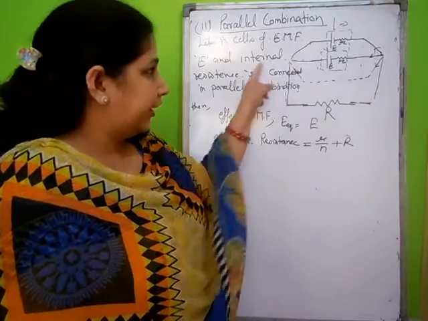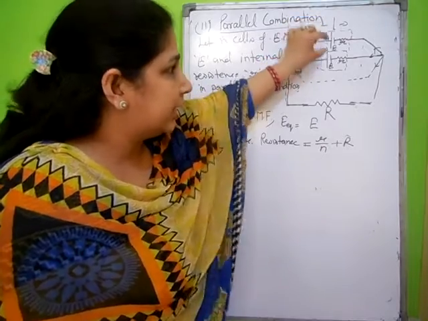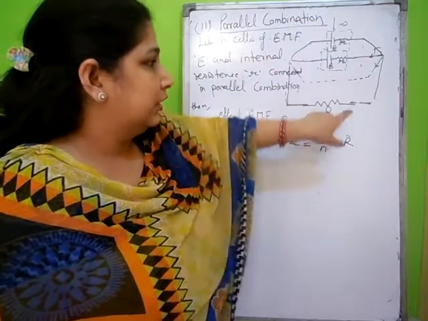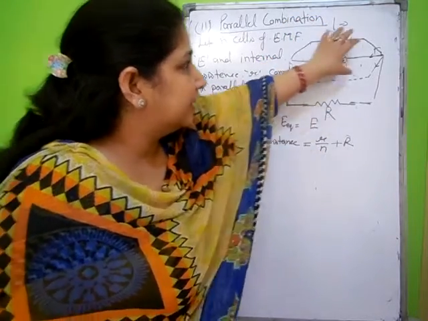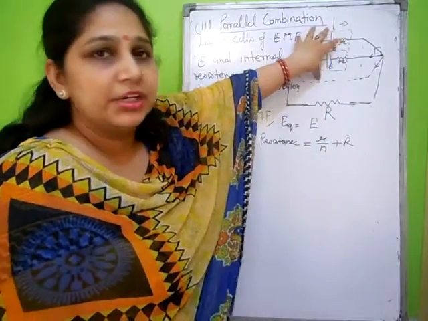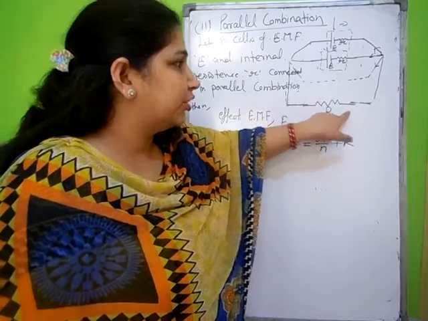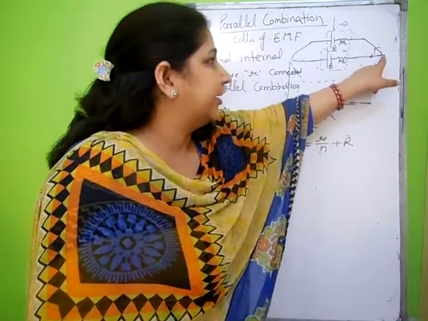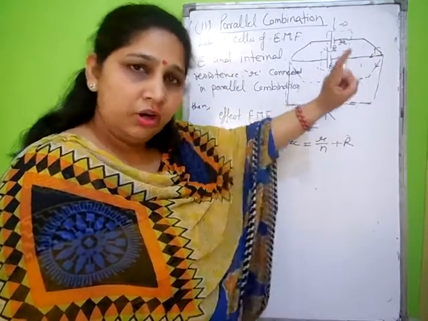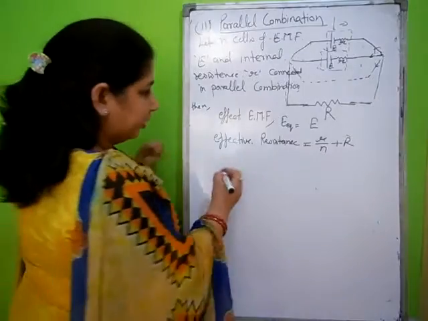Got it? Here we will use small r as parallel, but capital R will be in series with this combination, as the total charge flowing through this R resistor is divided into N parts. Got it? Now, what will we do?